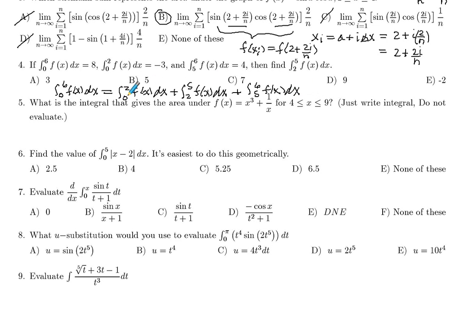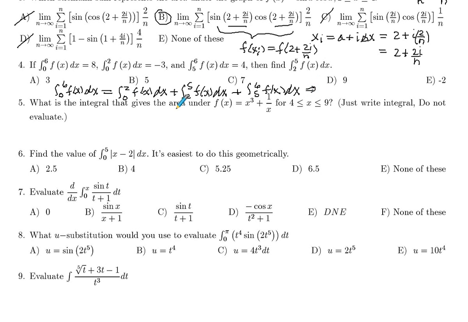And notice how, see, this starts at 0, ends at 2, and this picks up where the previous left off, starts at 2, ends at 5. This one starts at 5, ends at 6. So this is saying the area underneath the graph from 0 to 6 is just the area under the graph from 0 to 2 plus the area from 2 to 5 plus the area from 5 to 6.